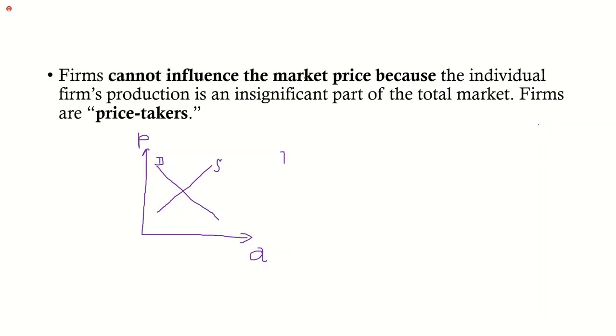Now, how many of us are here in this class? 63 now. So if all 63 of us are in this market selling paddy, all of us together, the market demand and supply forces will determine the price. This is an ideal market.